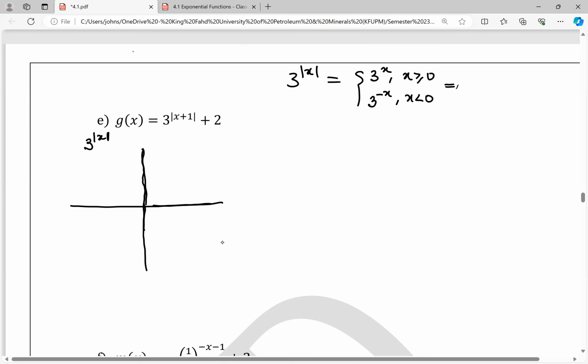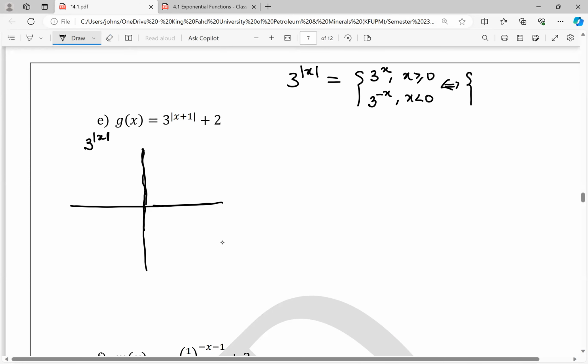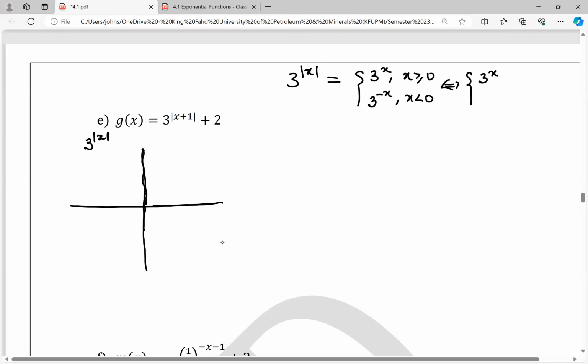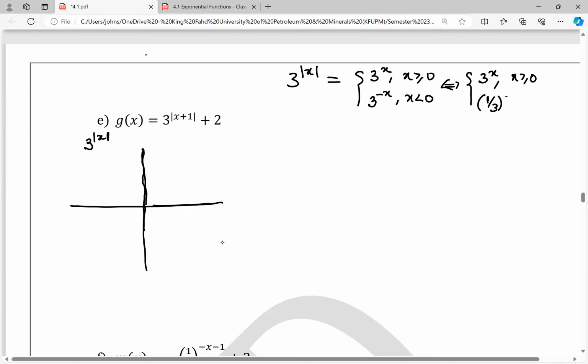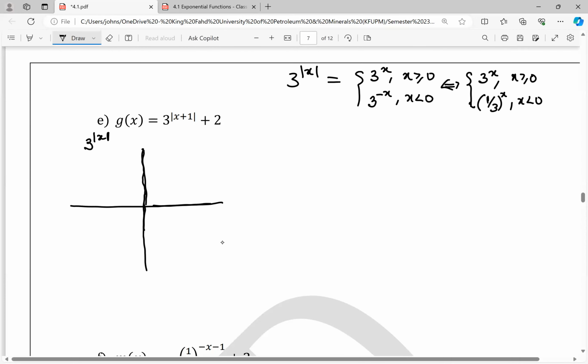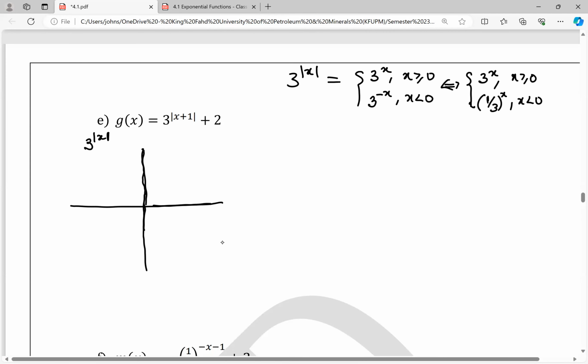And this we can write as 3^x if x is greater than or equal to 0, and, because of the minus here, it becomes (1/3)^x when x is less than 0. So we can try to plot this graph.